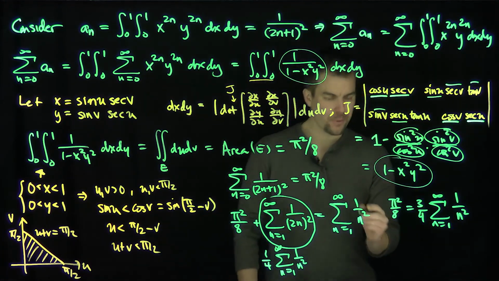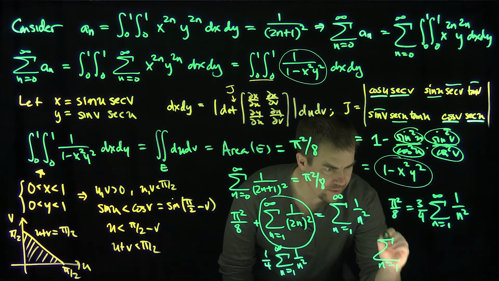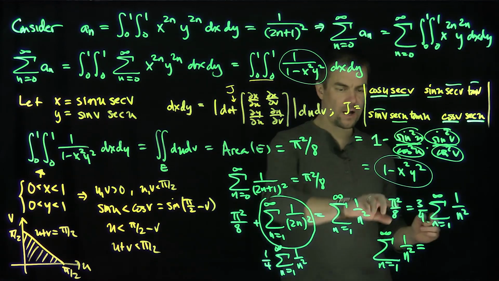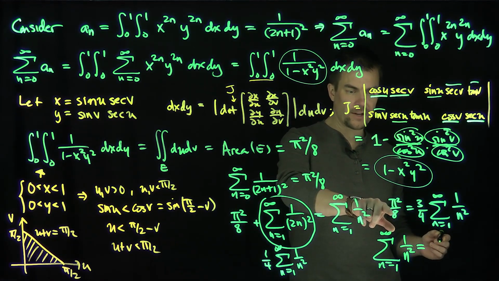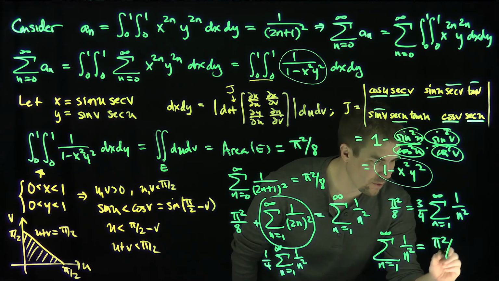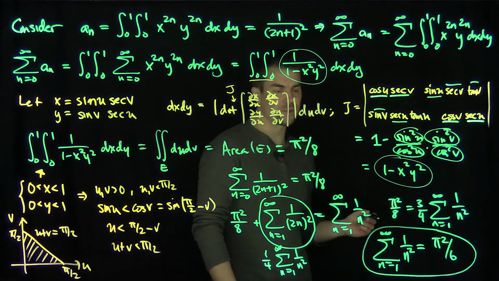And then if I multiply both sides by 4/3, I can conclude that the sum n goes from 1 to infinity of 1 over n squared is, well, if I multiply by a 4, I'm going to get pi squared over 2, and I divide by 3, I'm going to get pi squared over 6.